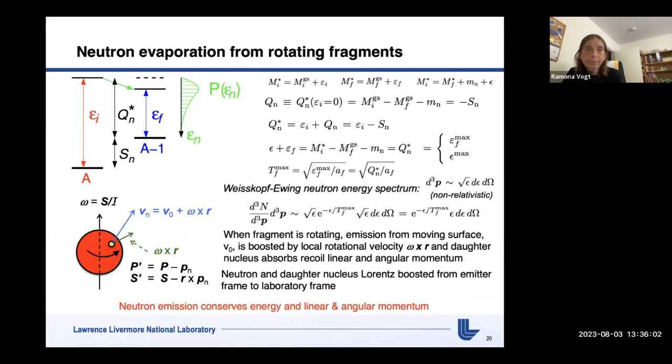Okay, so you can evaporate neutrons from the rotating fragments. I'm not going to go into any detail here, but we do also conserve the angular momentum of the neutrons. So we find that, in our calculations, they don't have a whole lot of angular momentum and don't change the fragment spin.